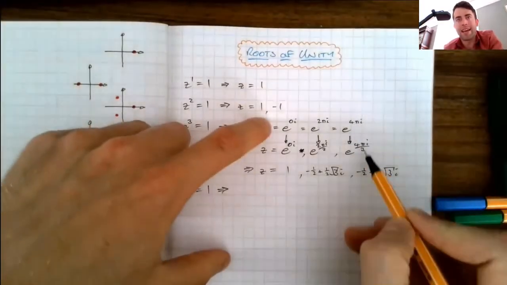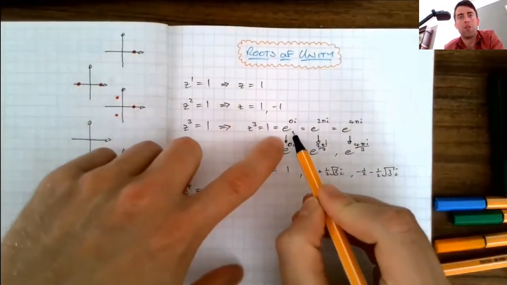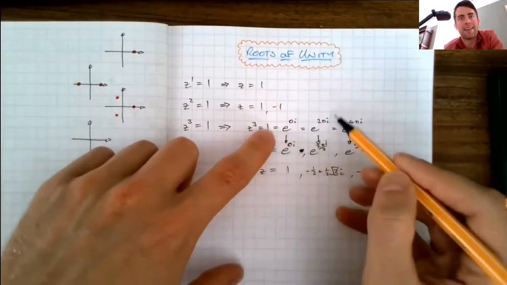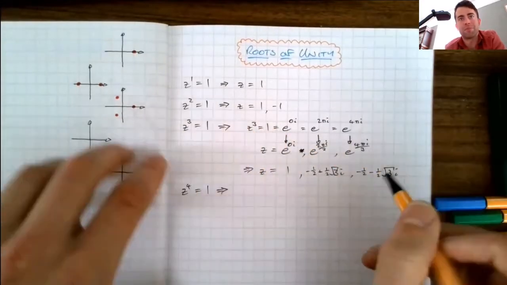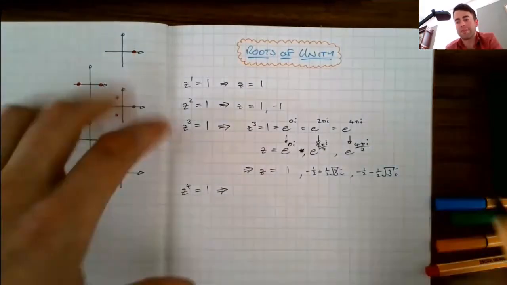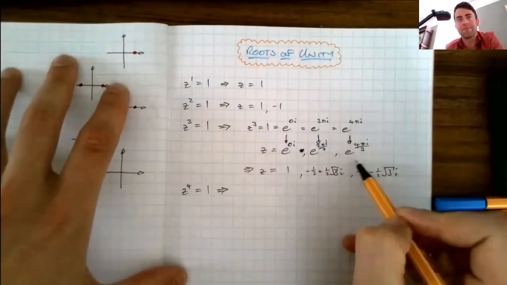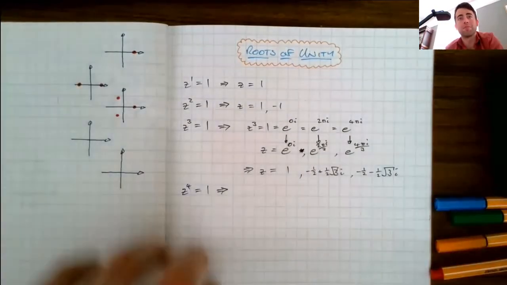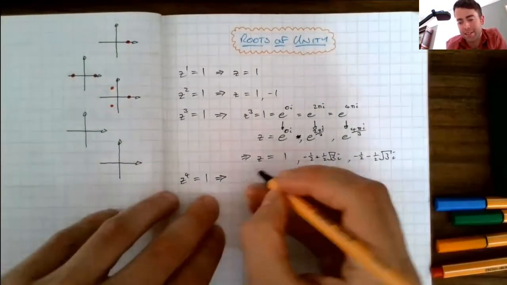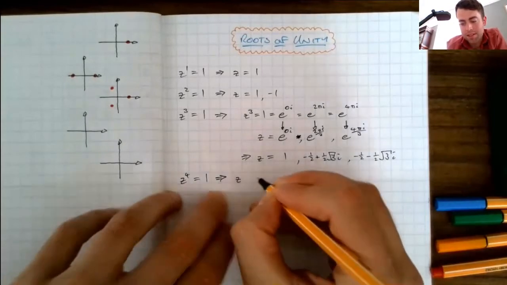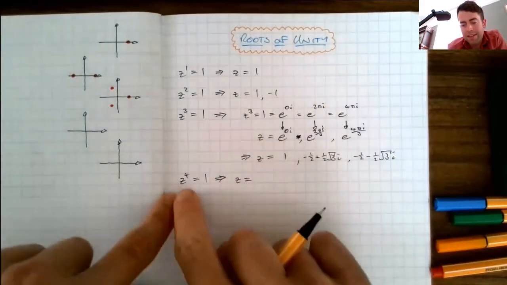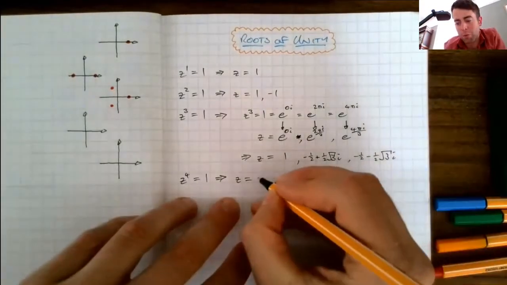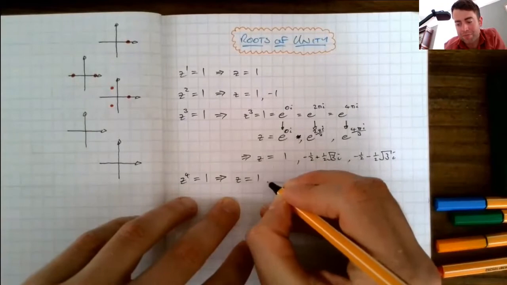Now, this method here of finding equivalent complex numbers and then finding the fractions of them, with roots of unity, because this is so easy and the patterns in what comes out so simple, we can just state them. So, if z to the 4 is 1, I know that my first solution is always going to be 1, so I'm just going to write 1.